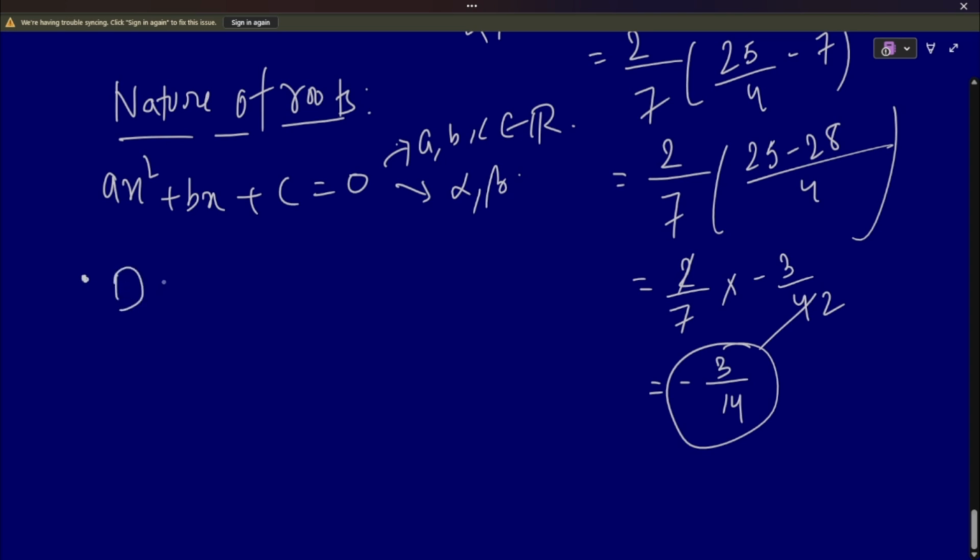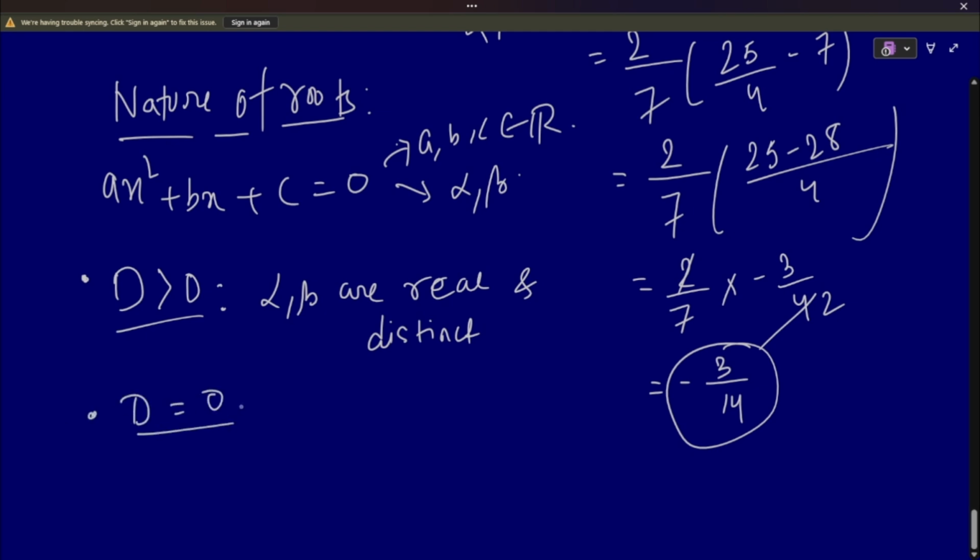First case, D is greater than 0. This case tells us that alpha, beta are real and distinct. So they are real as well as distinct; they're not equal. D equals 0 would tell us alpha, beta are real and equal.